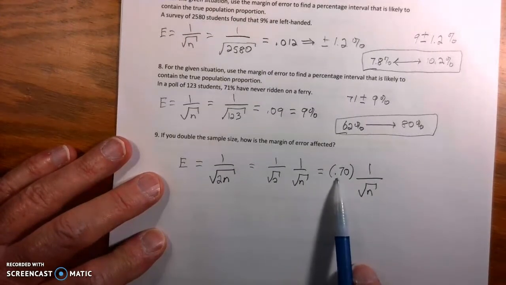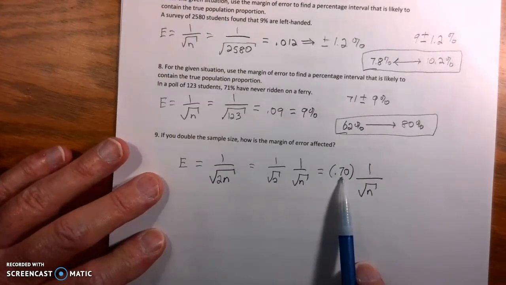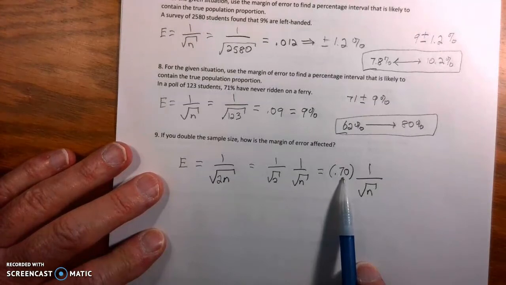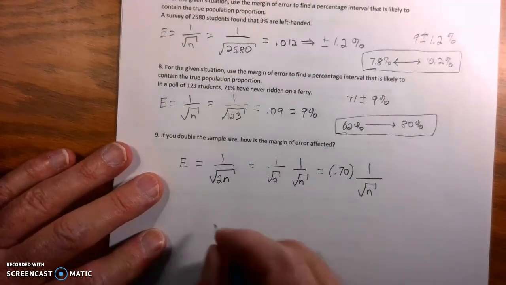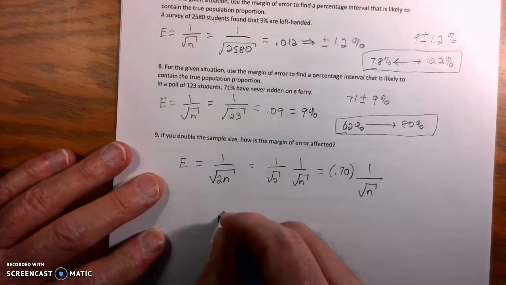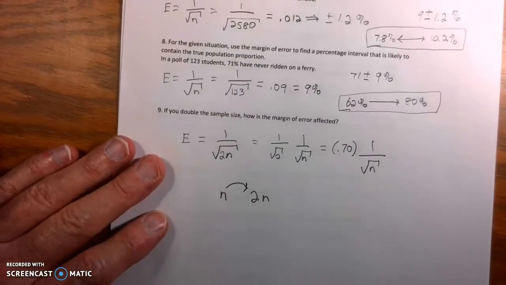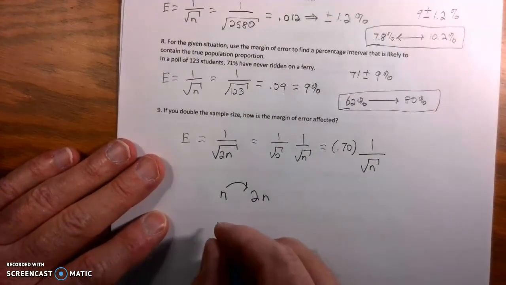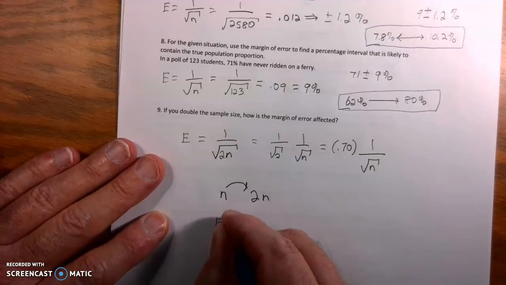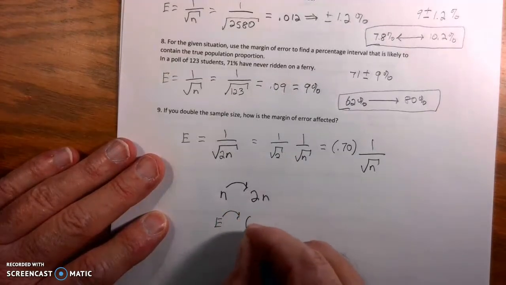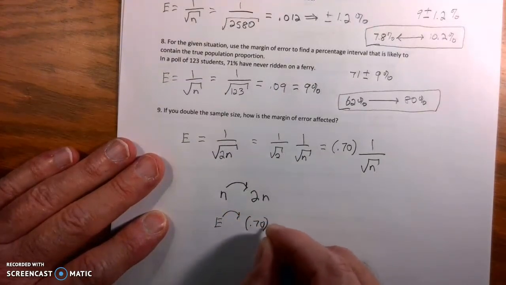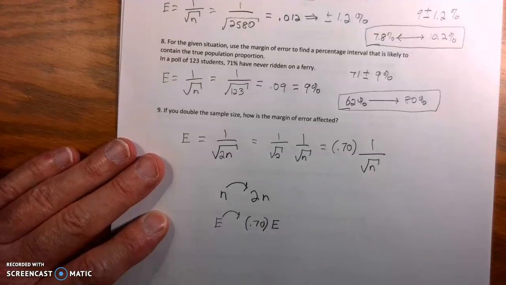It ends up being about 0.7, or about 70%. So, if we double the sample size, then the margin of error becomes about 70% from what it was before.